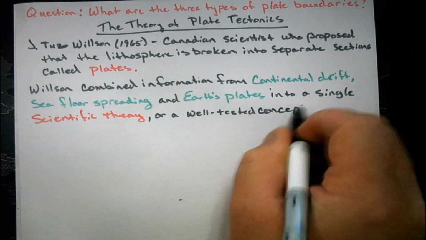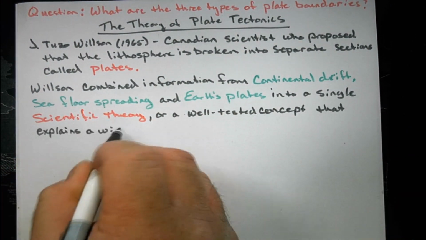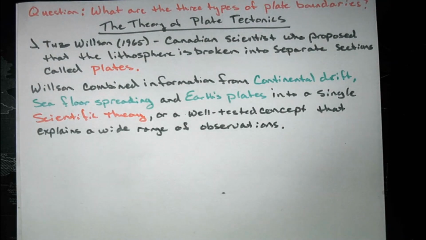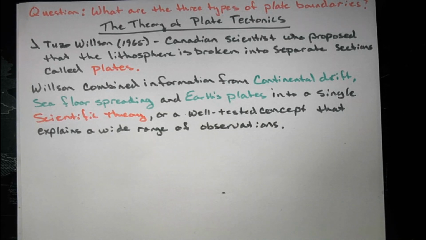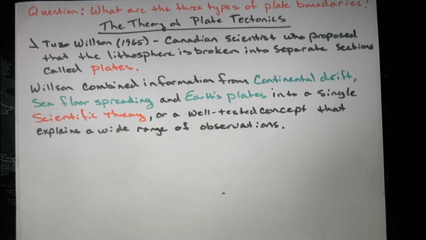And that explains a wide range of observations. This idea of scientific theory applies across science. Calling something a theory in science is not a semantic term.